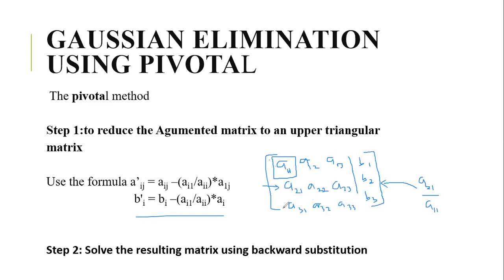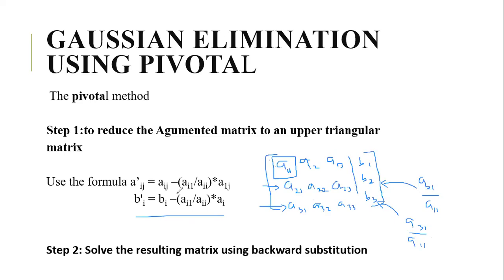Then when it comes to row 3, you have to calculate another multiplier. The multiplier, like I said, is the leading coefficient. So that will be A31 over the pivot. The pivot remains A11. So A31 over A11 will be the multiplier.